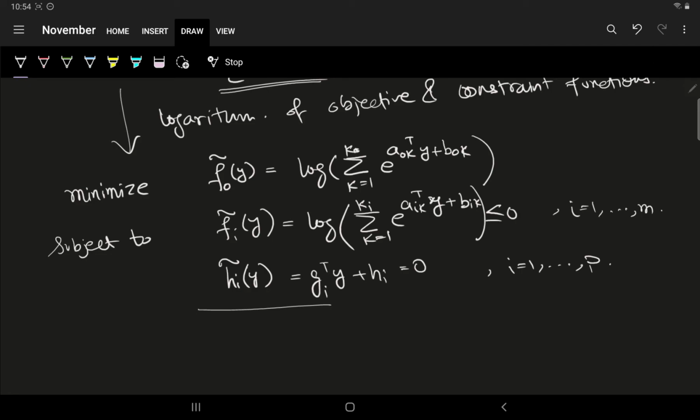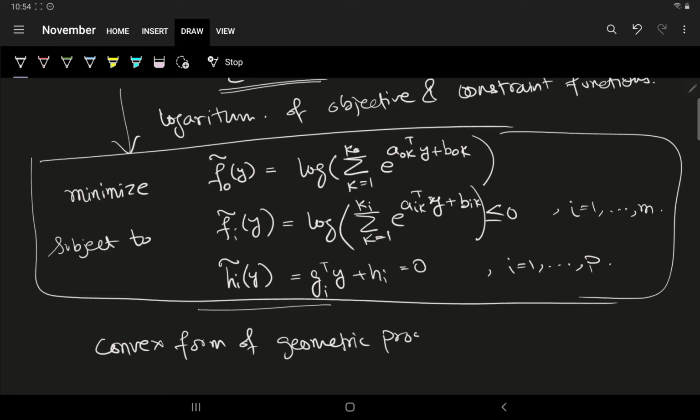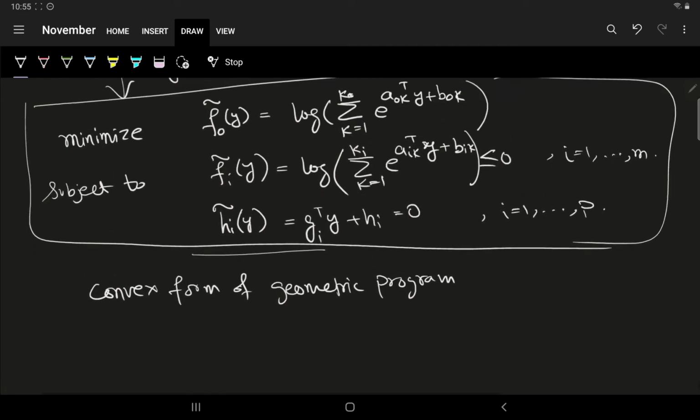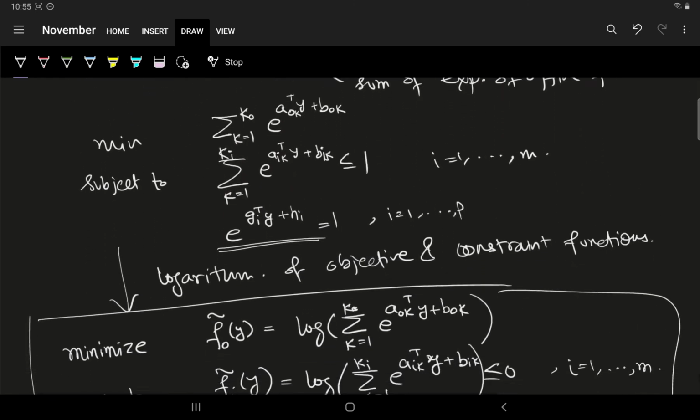So this is called the convex form of geometric program, and the previous one was the polynomial form of geometric program.